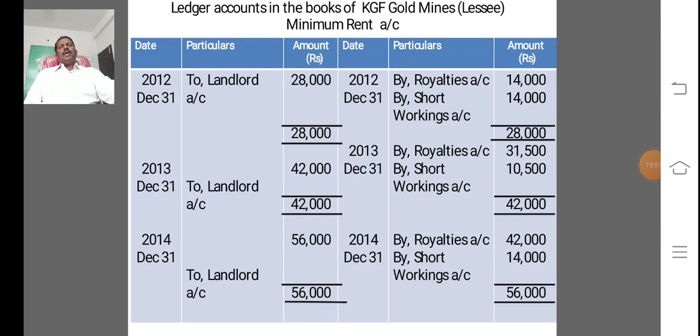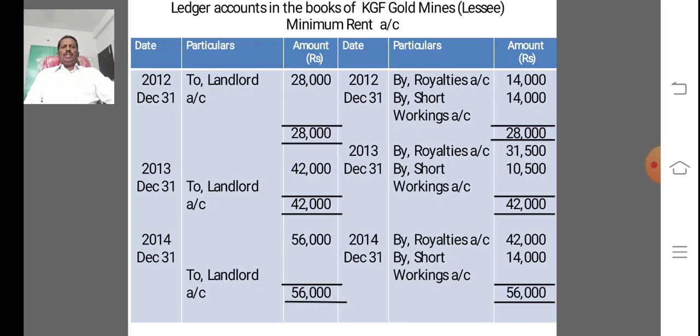So we are preparing ledger accounts in the books of KGF Gold Mines, lessee. The first account is minimum rent account. In 2012, debit side: to landlord 28,000. Credit: royalty 14,000, short workings 14,000.